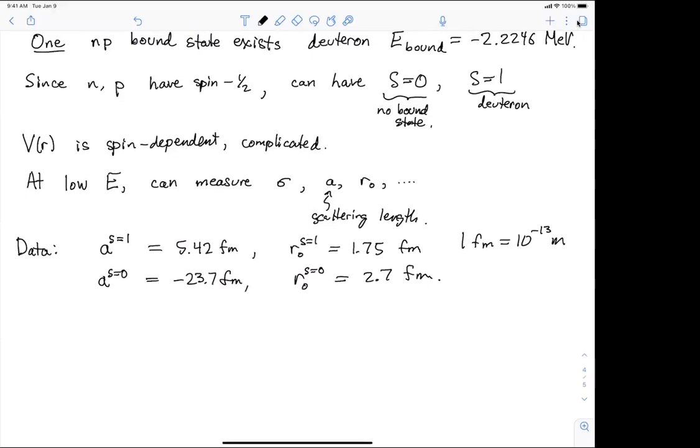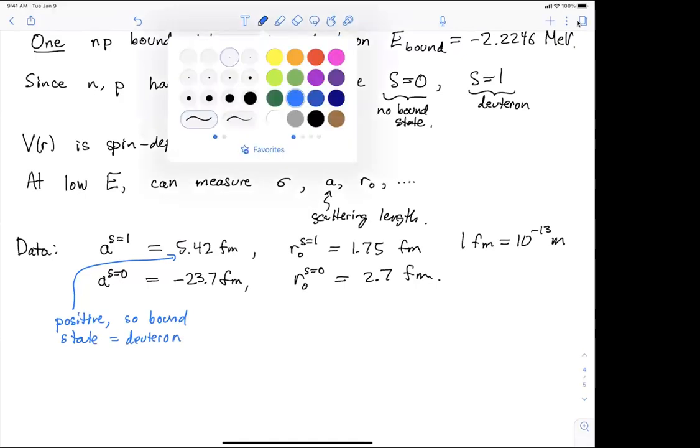So what can we learn from that? One thing we learn is, remember, if there's a bound state, the scattering length should be positive. So indeed, this is matching what we expect. This is positive, so we expect a bound state, and that bound state is the deuteron.